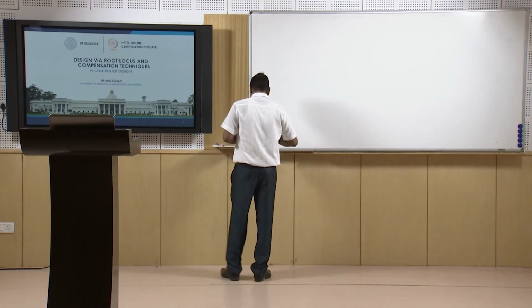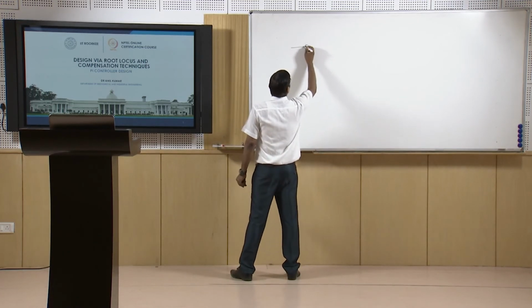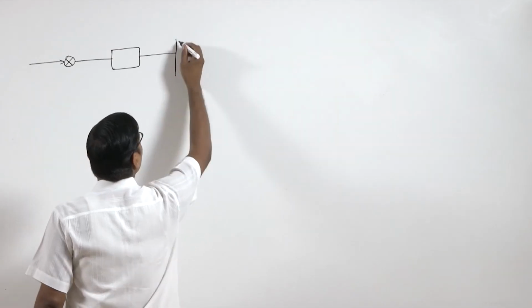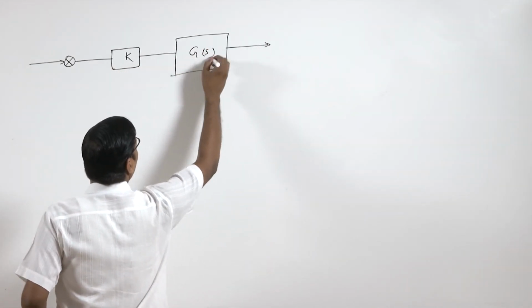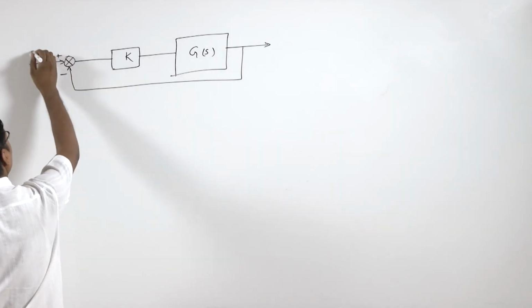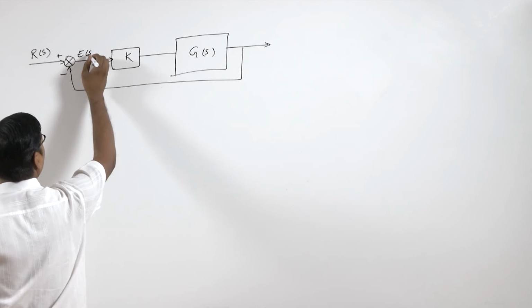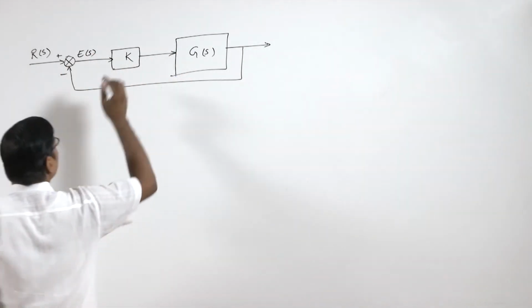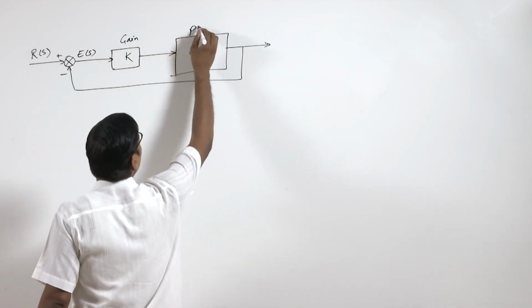Suppose we have this system. We have the input, the error E(s), here K and G(s). Let's say this is the gain and this is our plant.